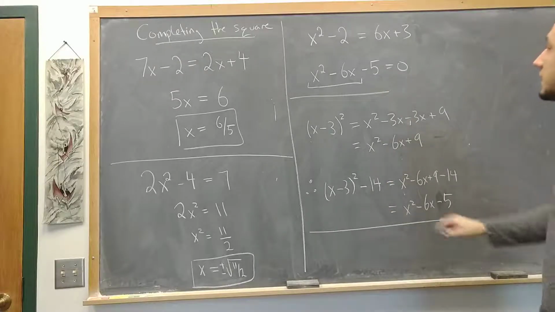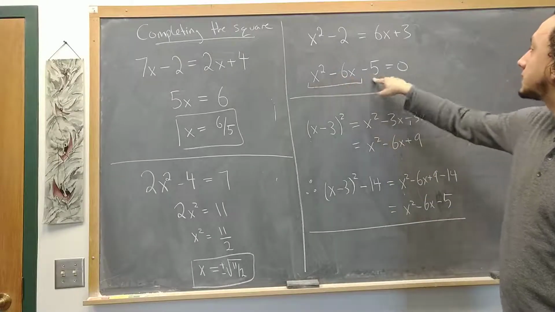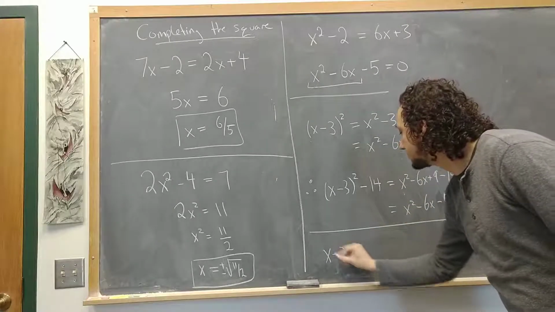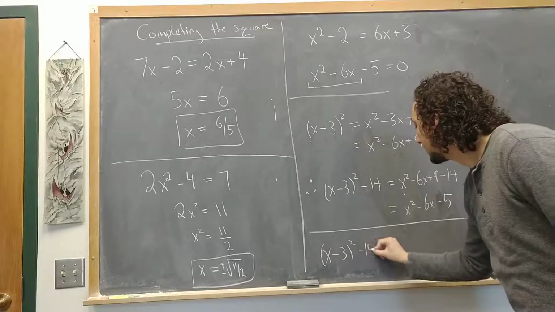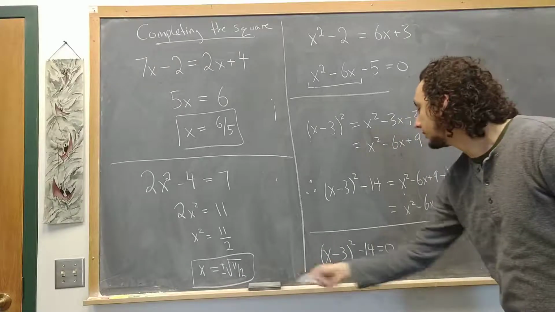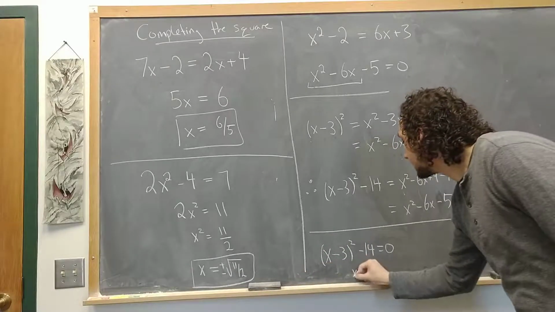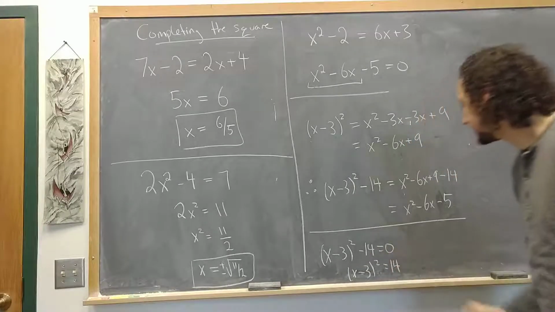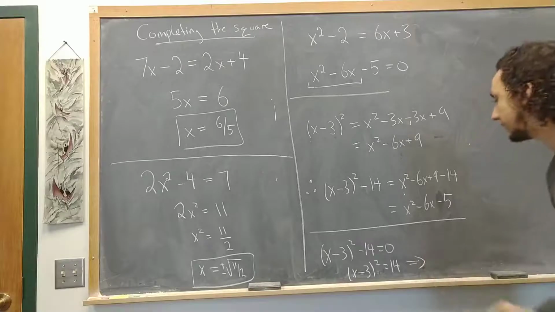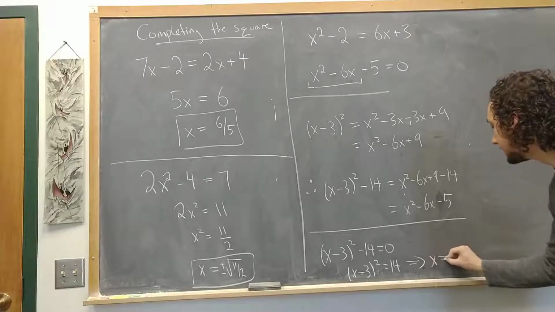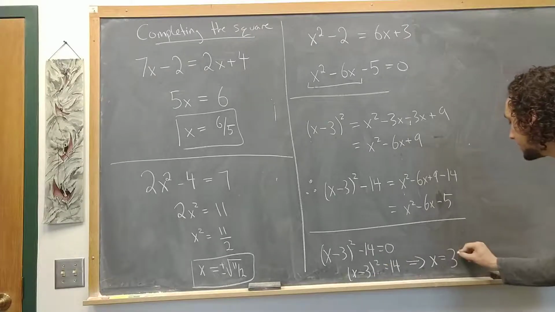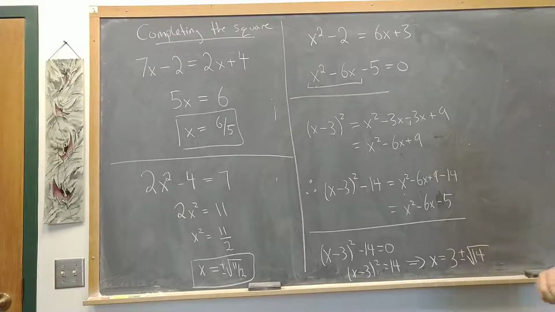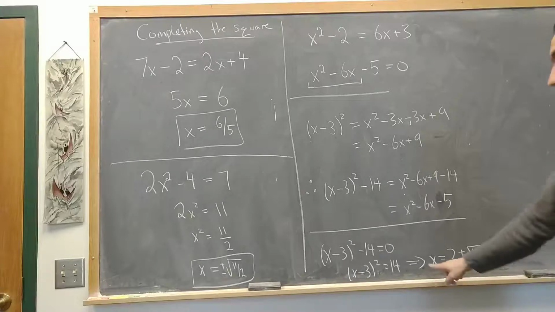Which means that x squared minus 6x minus 5 equals 0 is the same thing as saying x minus 3 squared minus 14 equals 0, which is the same thing as saying x minus 3 squared equals 14, and that tells me my final answer, x equals 3 plus or minus the square root of 14. So I've isolated for x.